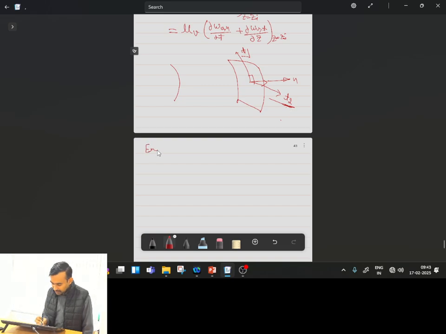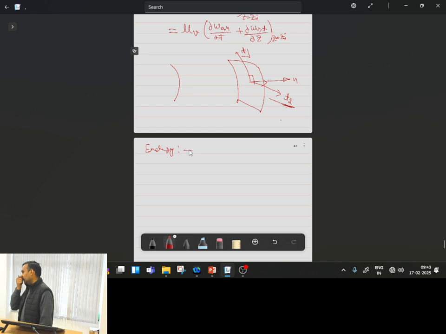Now let us talk about the energy balance at the interface. Energy is a scalar quantity, so again we will have only a single equation for the energy balance.